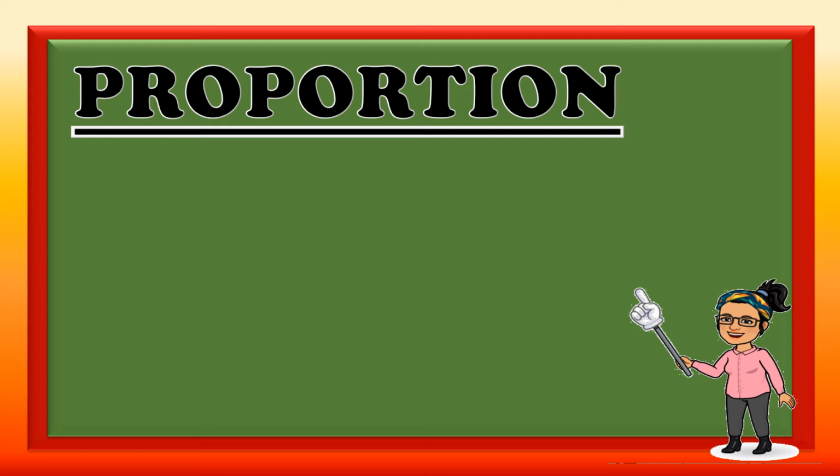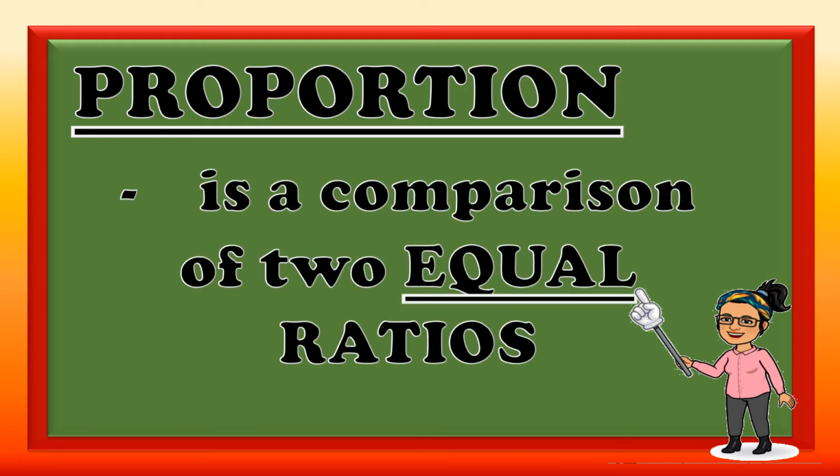Okay, now let's move on to proportion. When we say proportion, it is a comparison of two equal ratios. Again, for it to be a proportion, the ratios must be equal. Okay?